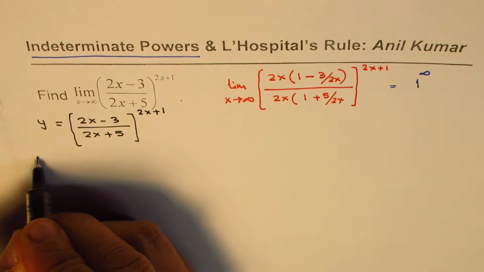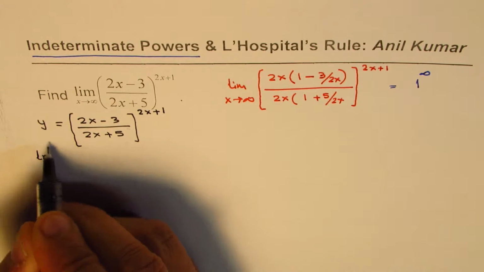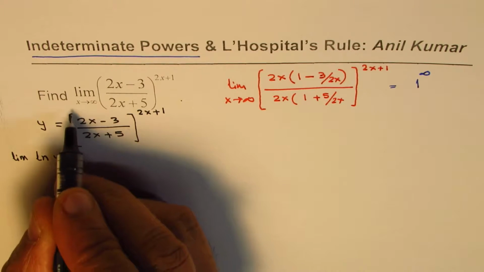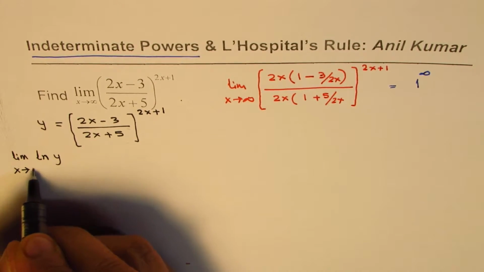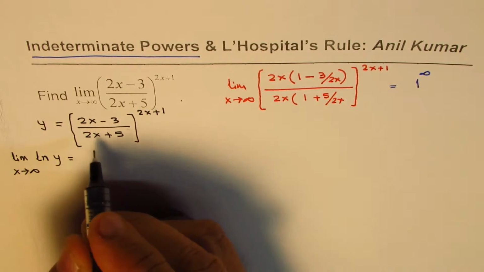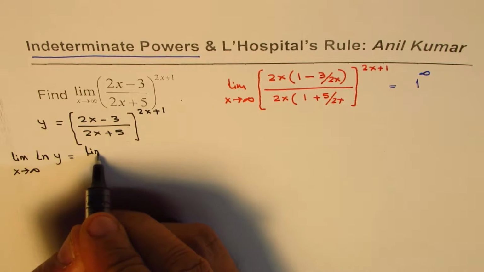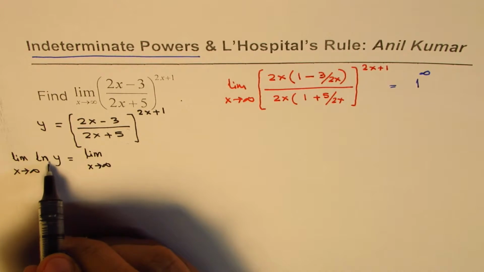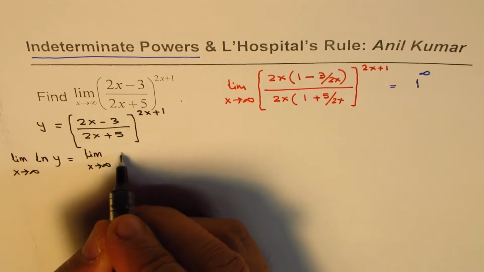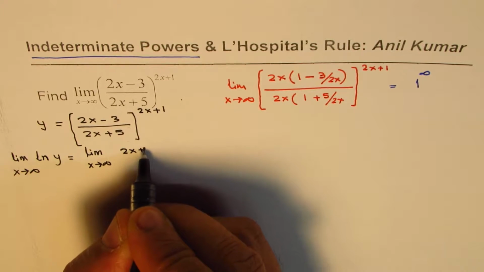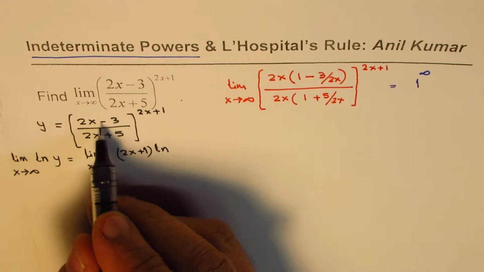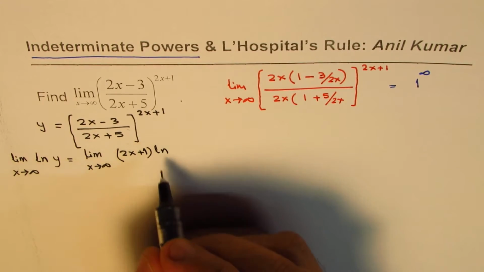So we get the limit of ln y, where x approaches infinity, equals the limit as x approaches infinity of, when you take ln, 2x plus 1 times ln of the ratio of these two, right?